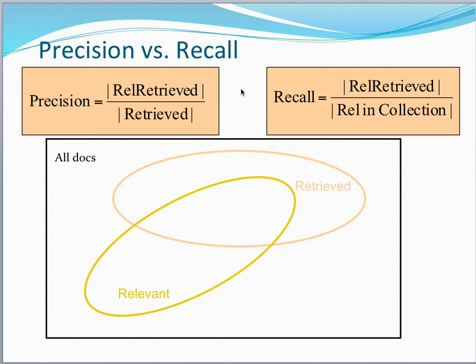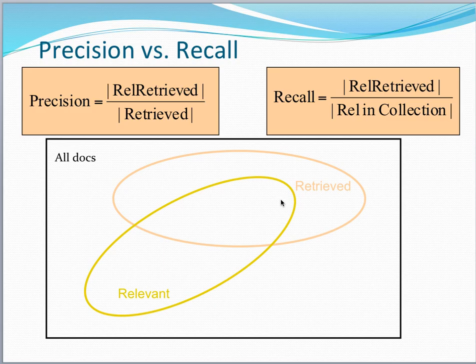Okay. So precision, it's those documents that we retrieve that are relevant. Relevant retrieved is this area here, okay? And recall is documents retrieved in comparison to the collection.